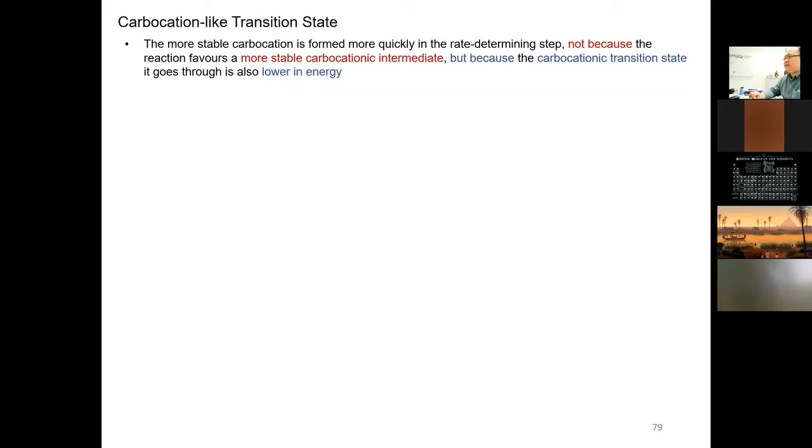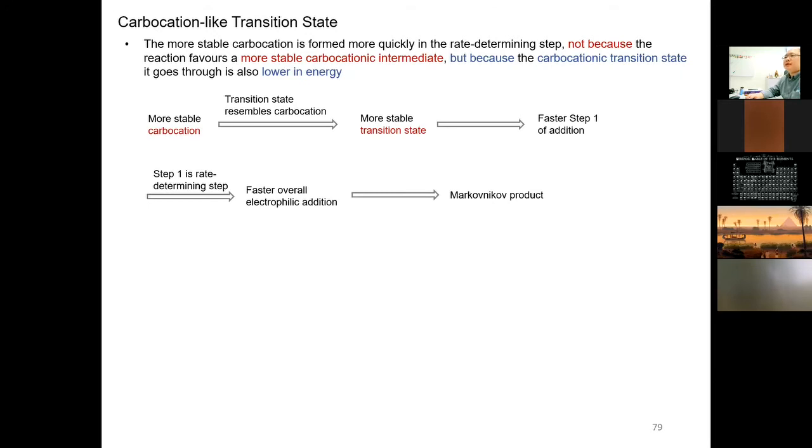The transition state looks like the carbocation because of the Hammond postulate: the energy between the transition state and the product is very close, and the product is a carbocation. So that is a brief chain of logic for you to explain Markovnikov's rule.